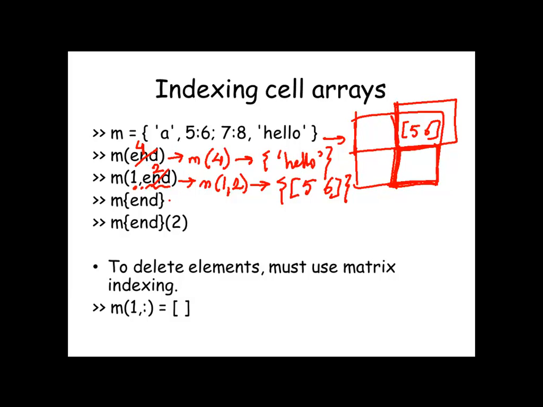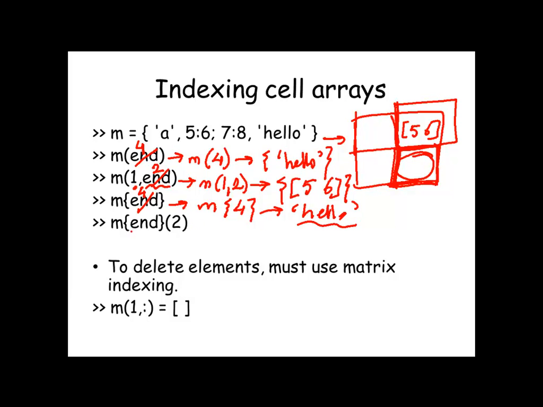In the next example, I am again referring to the last box, the last cell. So the END keyword is replaced with number 4, M curly bracket 4. Since I am using curly brackets, I will be extracting the contents of the 4th cell, and that will give me a character array, not a cell, a character array, which is a vector of characters containing the word hello.